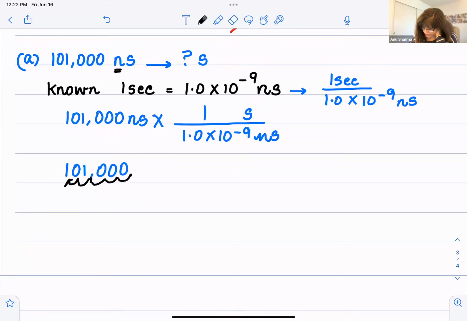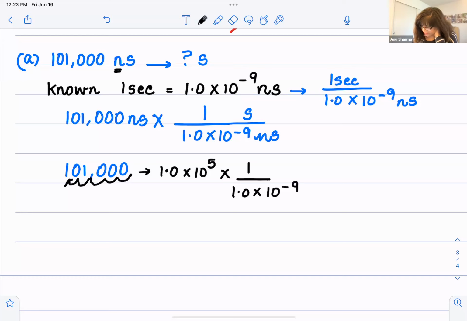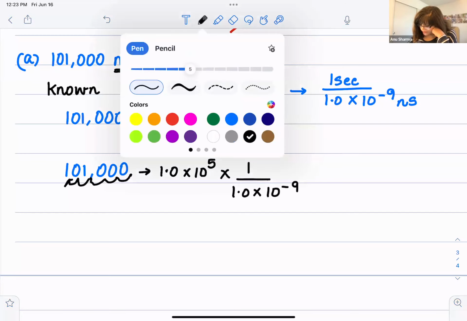So this becomes 1.0 and drop off the remaining into 10 to the power 5, times 1 over 1.0 into 10 to the power negative 9. So the nanoseconds and nanoseconds cancel out.